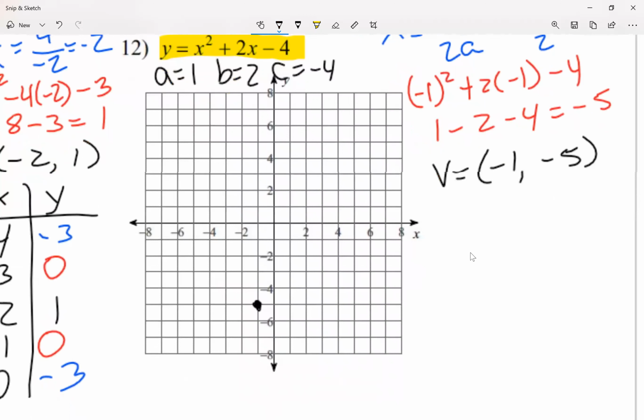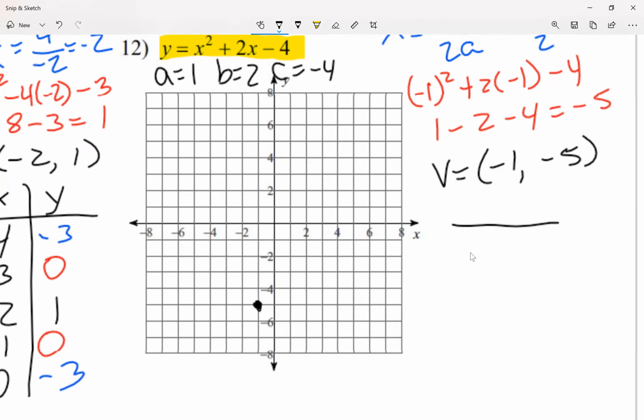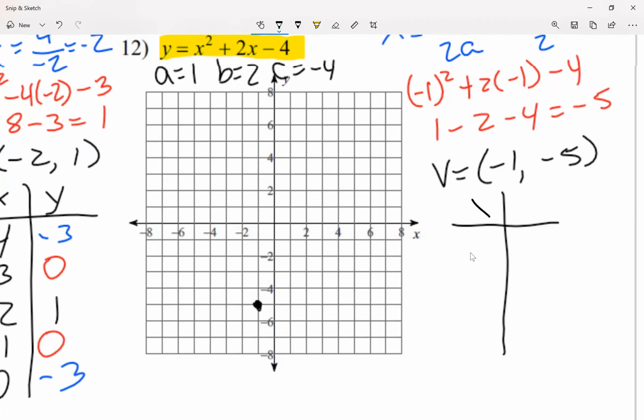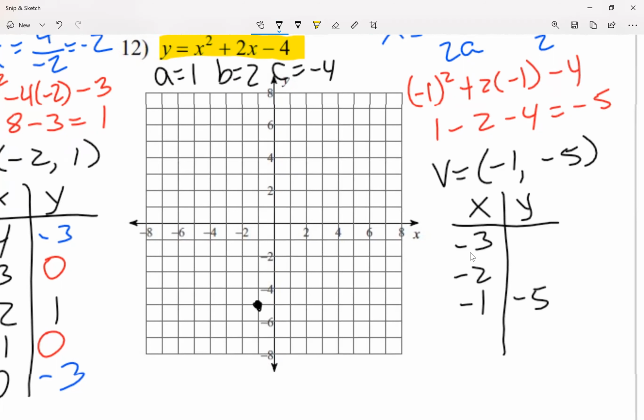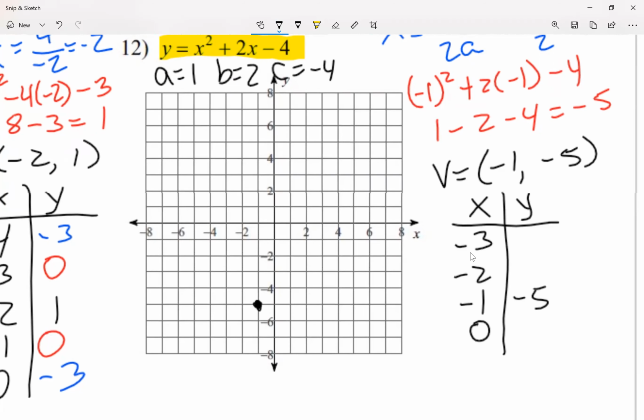It's right there, and I expect this to open up. Okay, so let me make a chart of X and Y values. My vertex in the center, -1, -5. For smaller numbers than -1, I'm going to choose -2 and -3. For bigger numbers after -1, I'm going to choose 0 and +1.